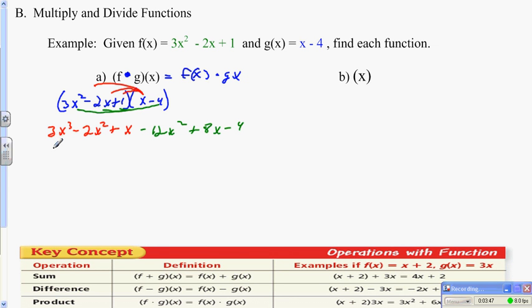Combine like terms, and there is no x cubed, so 3x cubed. Negative 2x squared minus 12x squared is negative 14x squared. x plus 8x is 9x, minus 4.